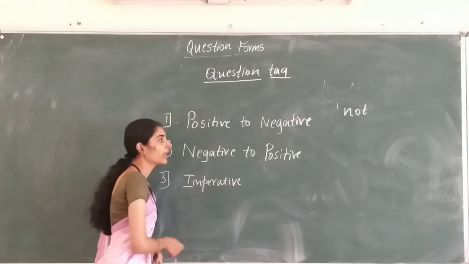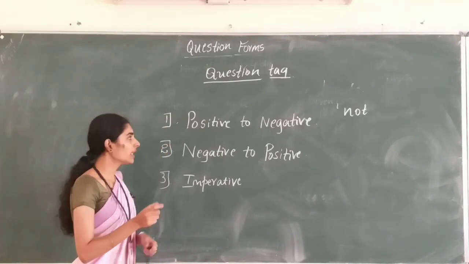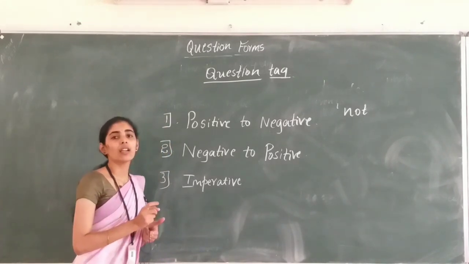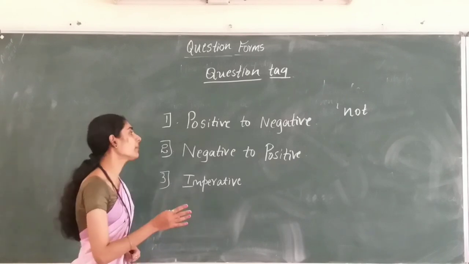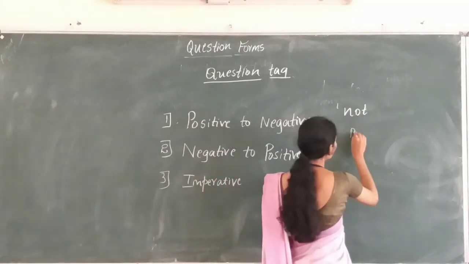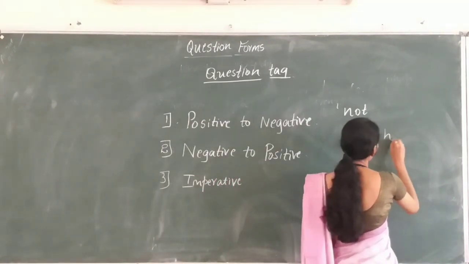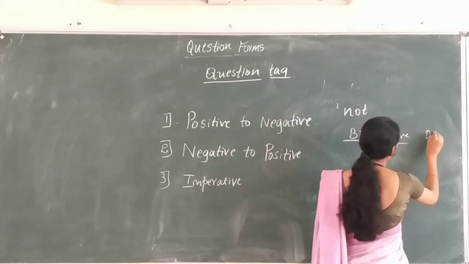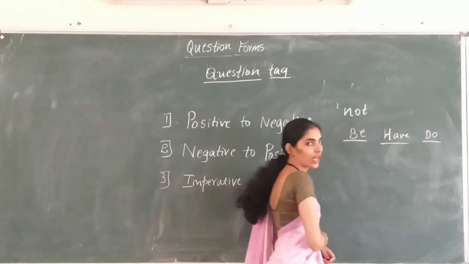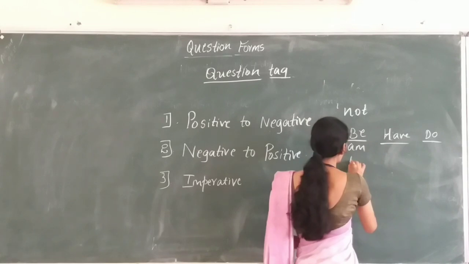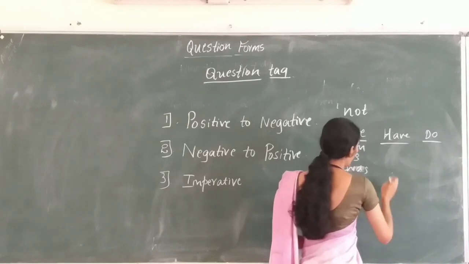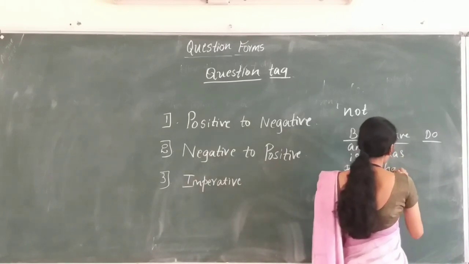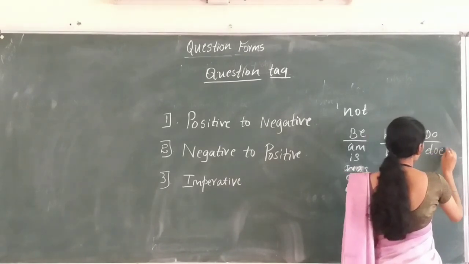Before that, how do we frame the tag? With the help of helping verbs. I told you that helping verbs play a very vital role in all the question forms, so kindly remember them. Again, be form helping verbs, then have form, and then do form. Under be we have am, is, are, was, and were. Here, has, had, does, and did.